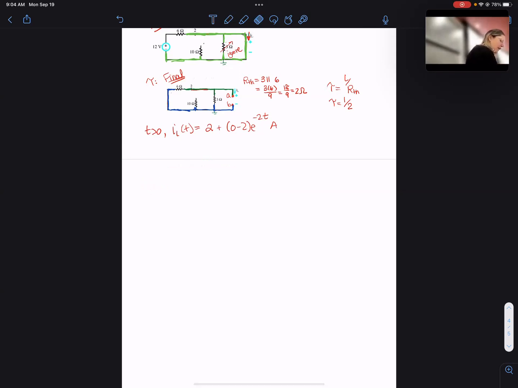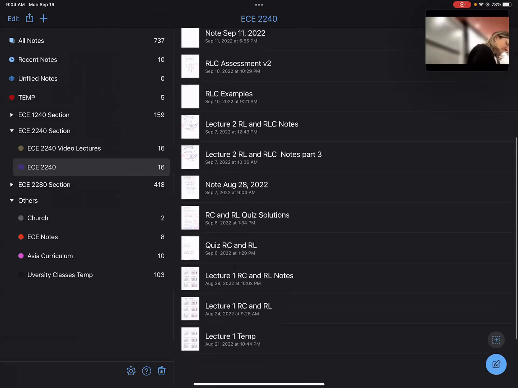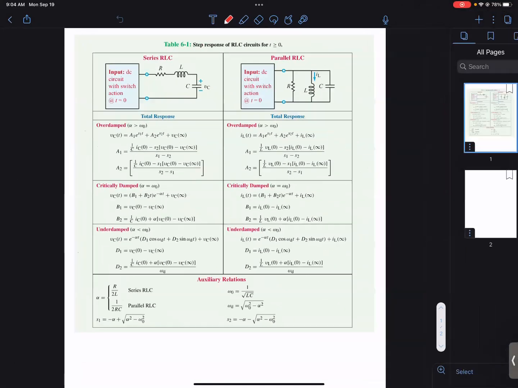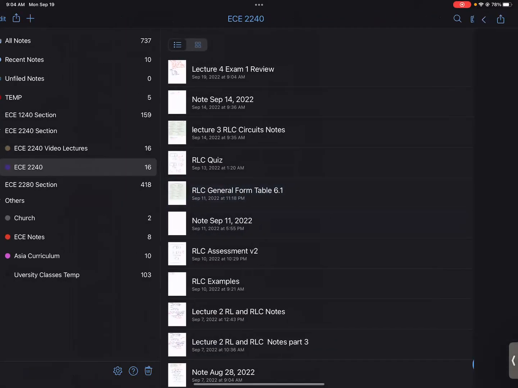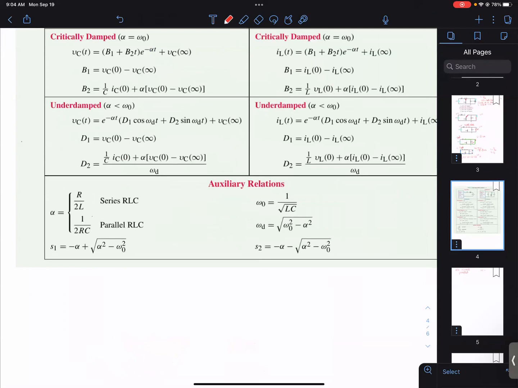And what if you find R in parallel? Okay, so his question was, if I find my R to be 0 when I'm in the parallel form, what happens here?